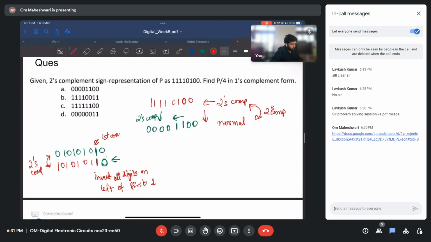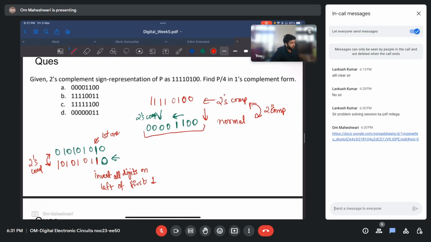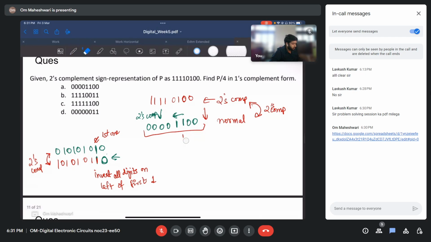Okay, so this is how we find 2's complement. So anyway, the given number is this and its 2's complement is this, and this corresponds to 10, right? Sorry, not 10, I think 12. This 8 plus 4 is 12.